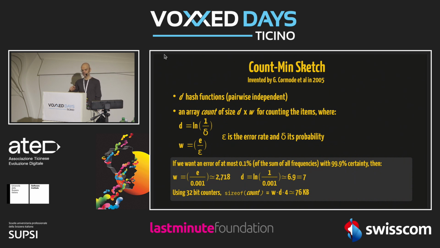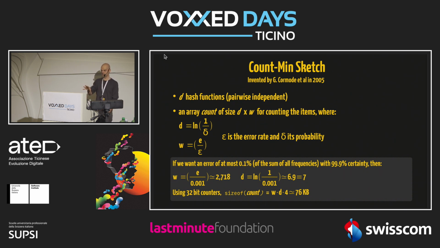And then we need a bidimensional array, which I call count, which is of size D by W, where D and W are defined by some formulas, based on epsilon, which is an error rate, and delta, which is its probability.